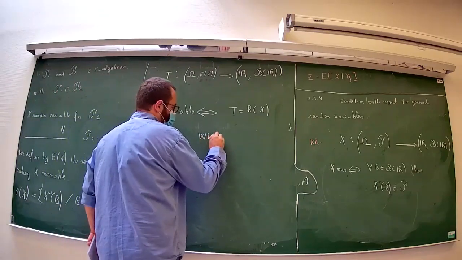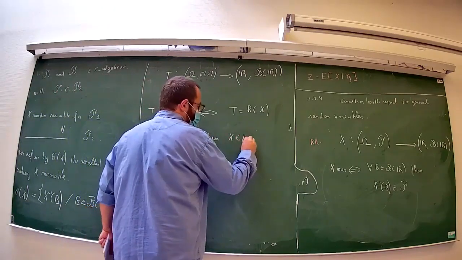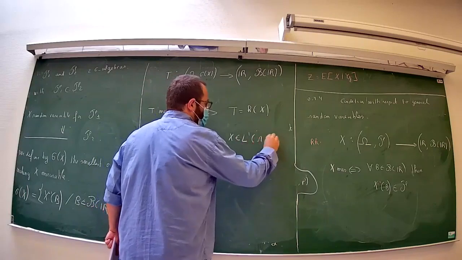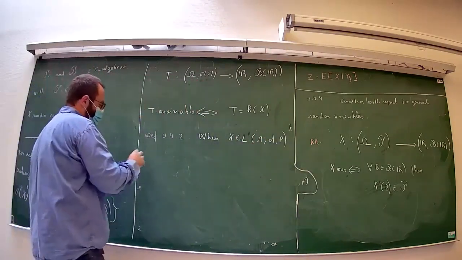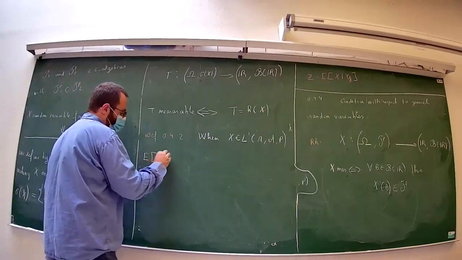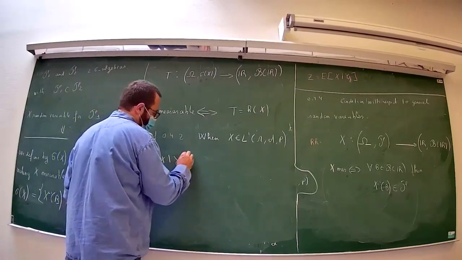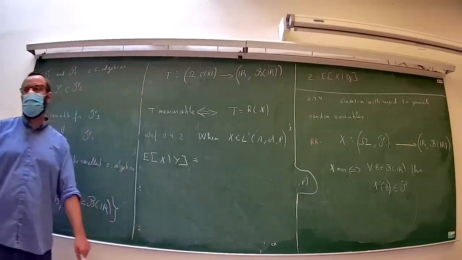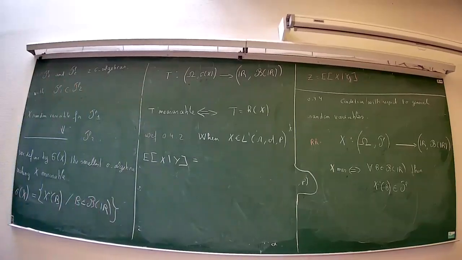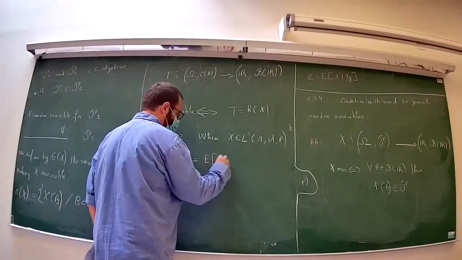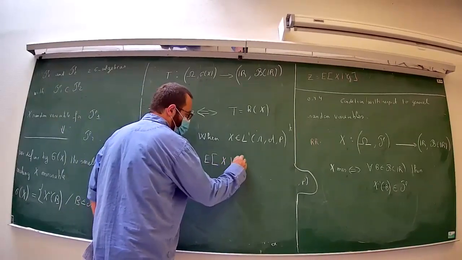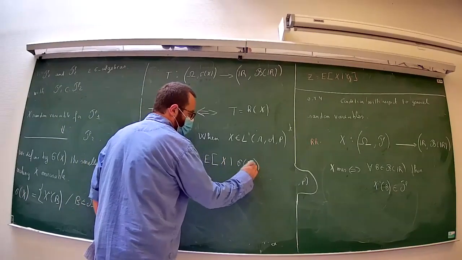When X belongs to L1 of omega, F, P, I define the conditional expectation of X given another random variable Y, without any kind of hypothesis on capital Y, as the conditional expectation of X given sigma of Y.